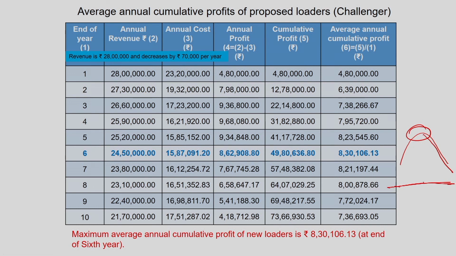The duration for which your profit is maximum is your economic life. So you can see it is increasing, reaches a maximum point, and after that it starts decreasing again. So this is the economic life for your challenger, the 6th year.